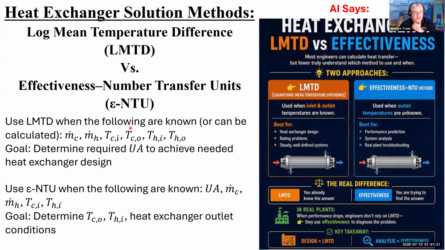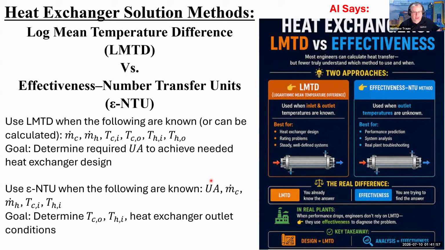If you know all those things, and I'll show you an example, you can plug them in and find the UA that's required to achieve these conditions. And then that guides your design process, right? What is it that we need to actually design? Well, it needs to have a UA of this, so we're going to design it appropriately. So that's LMTD, and that's what we're going to do for the rest of this lecture. The next lecture is going to be effectiveness-NTU, and that's the one you use when you know the following.